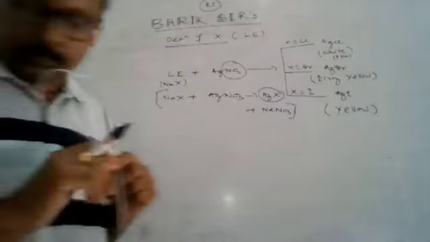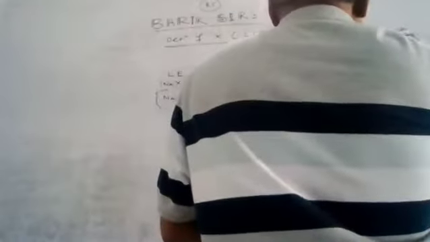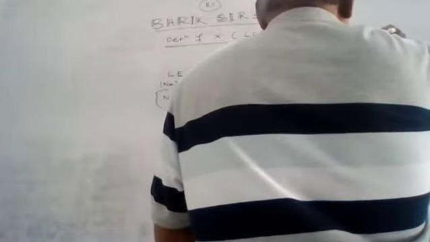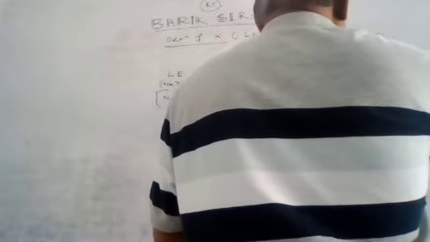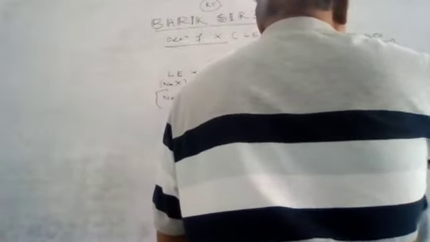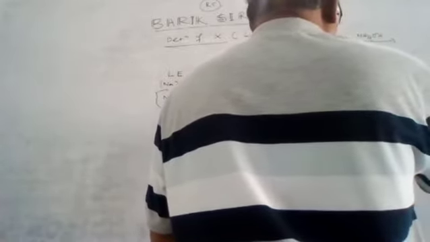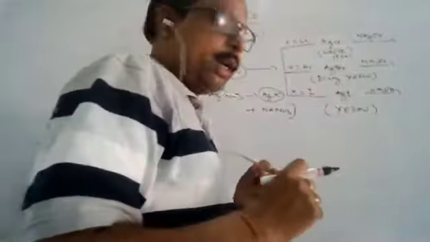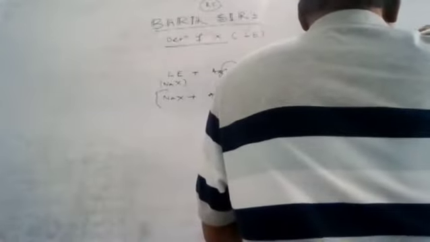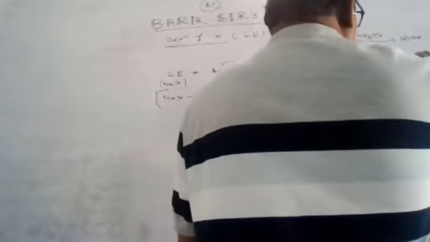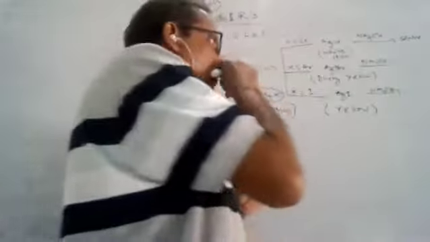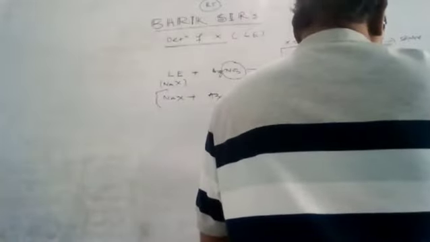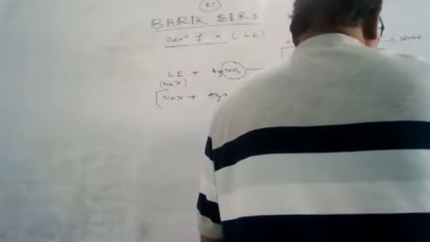So ammonium hydroxide is added to that. What will happen? With the ammonium hydroxide, this will be soluble because it will form a complex. Here it is soluble, but here it is insoluble.